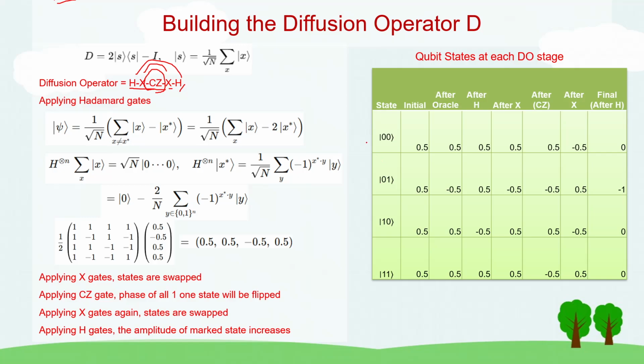We started with all possible states having equal amplitude, right, initially. Then after applying the oracle, where I am interested in 01, this phase alone gets flipped. Now after applying the Hadamard gate, you can verify it, this sign moves to this place. Now when you apply the X gate, the states are swapped, interestingly, so they go like this.